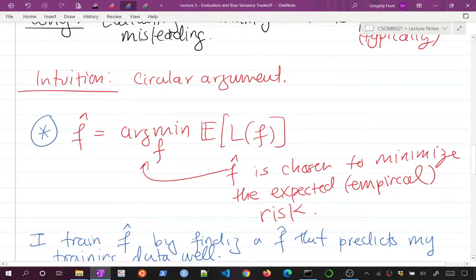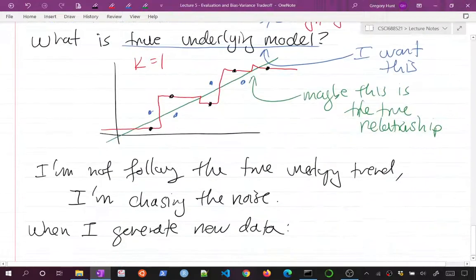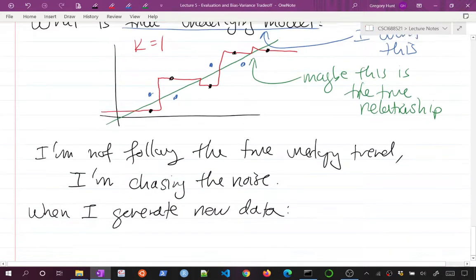That is, if I pick new data, I want to pick the f that will minimize the loss, or minimize the error that I expect to get on new data. I don't want to pick the f that just particularly minimizes the error for this one data set, because the new data sets aren't going to follow that particular trend, and I'm going to do a better job by capturing the true underlying trend rather than following some noise in the data.